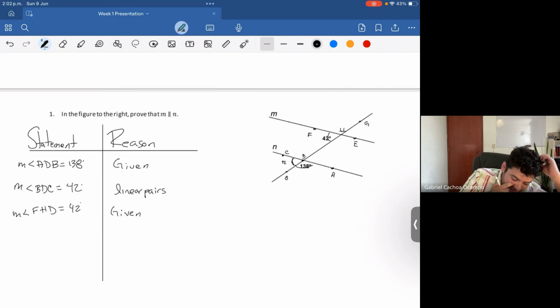So we have that angle BDC is the same as angle FHD.